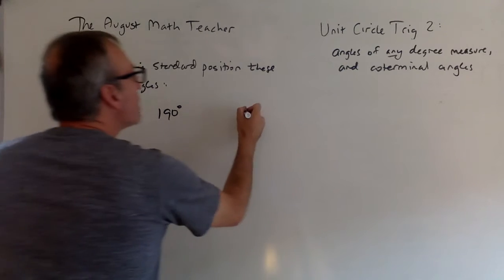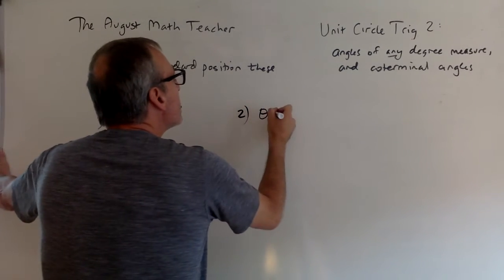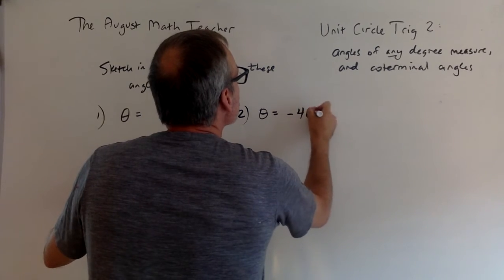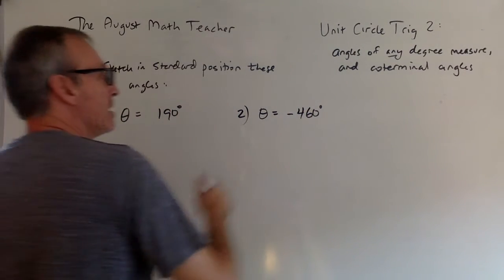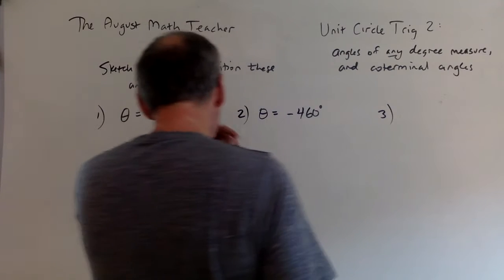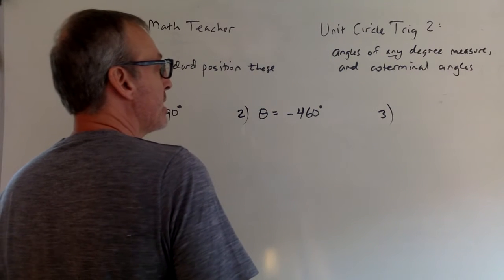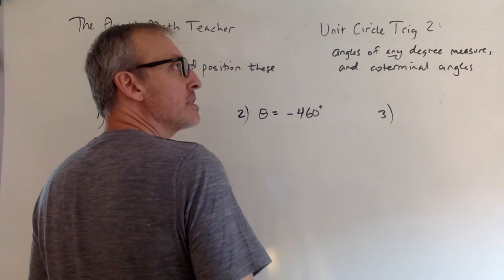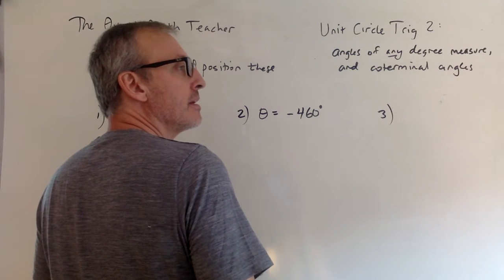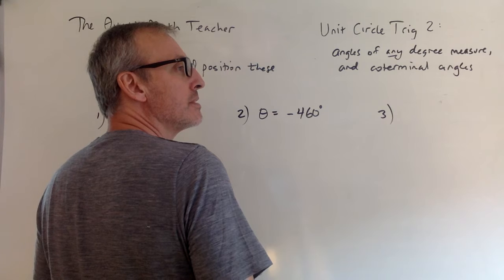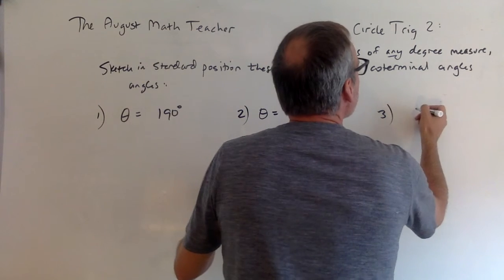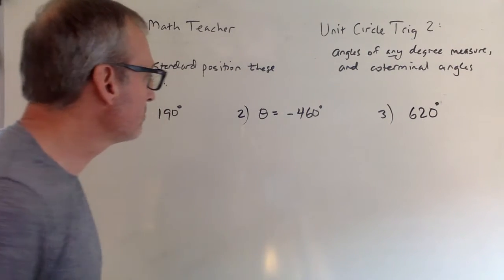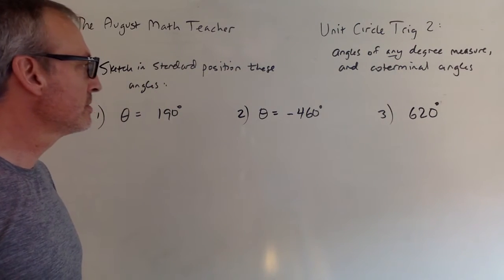And number two, we're going to say theta is equal to -460 degrees. And in number three, we're going to say that theta is equal to, let's see, how about 620 degrees? Is that what I want? Yeah.